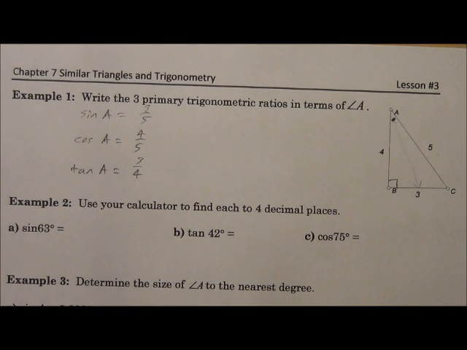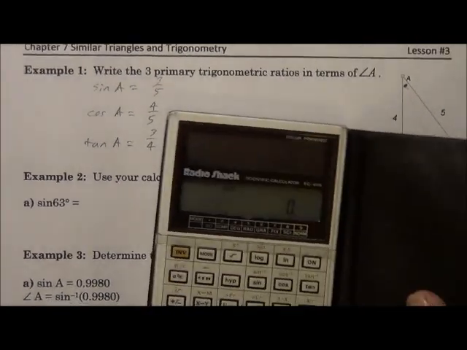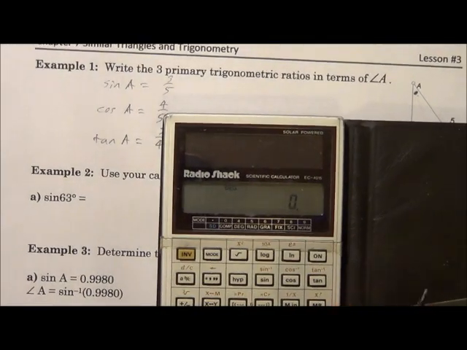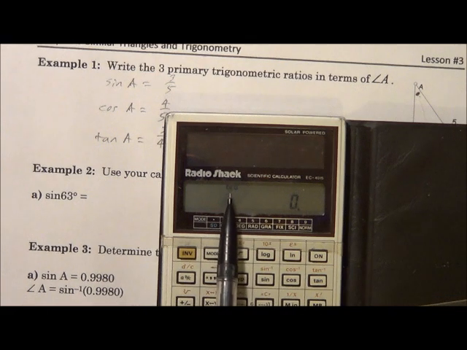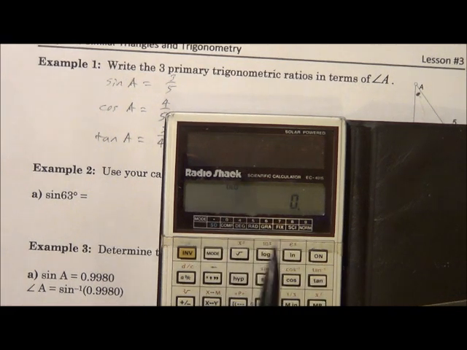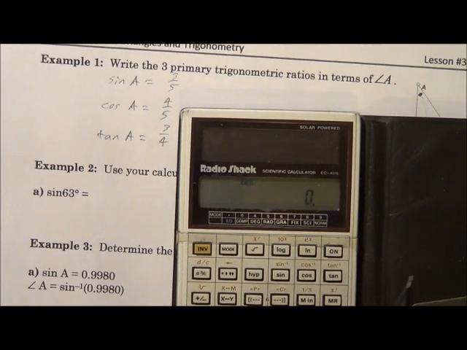Now we want to use the calculator, for example 2, to find each of these ratios to 4 decimal places. So make sure that your calculator is in degree mode. You can change your degree. This is my archaic calculator that still works. So in my calculator I put in the angle first.